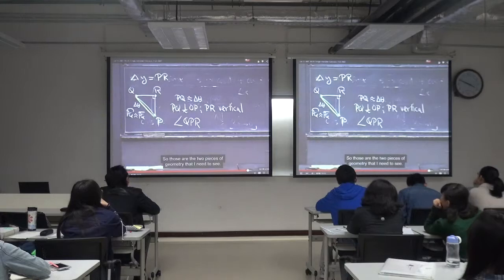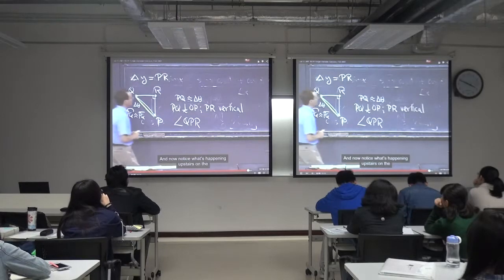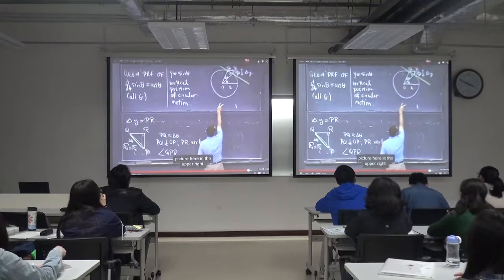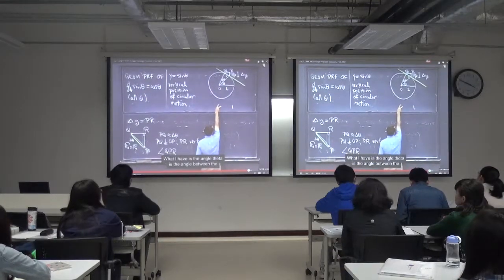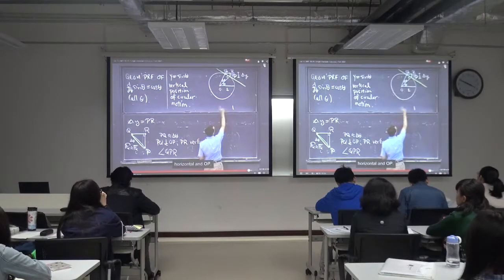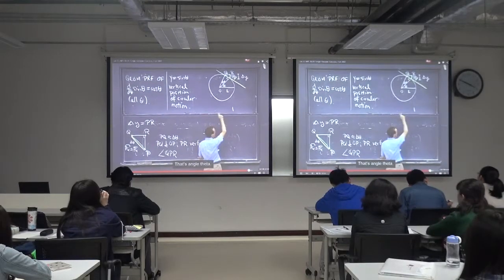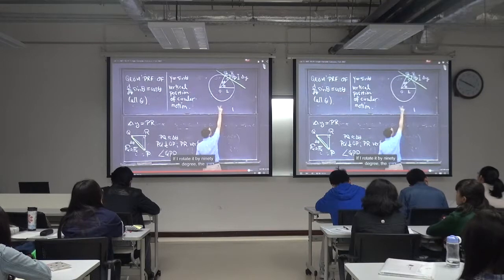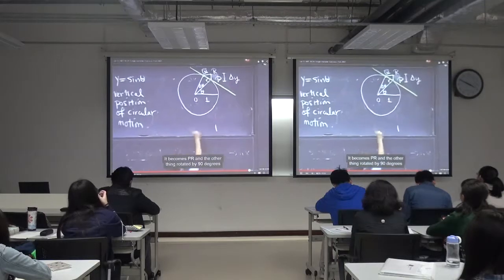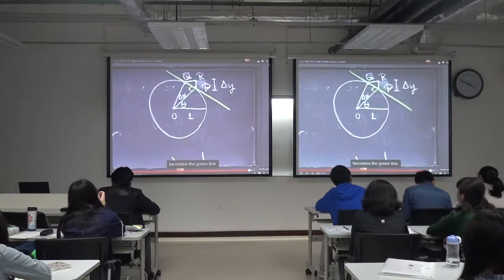Those are the two pieces of geometry that I need to see. Now notice what's happening upstairs on the picture in the upper right. The angle theta is the angle between the horizontal and OP. If I rotate it by 90 degrees, the horizontal becomes vertical, it becomes PR, and the other thing rotated by 90 degrees becomes the green line.